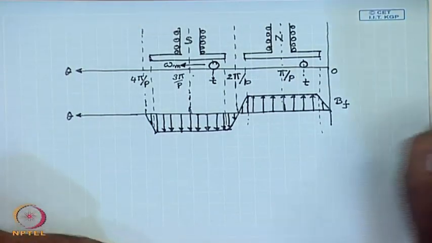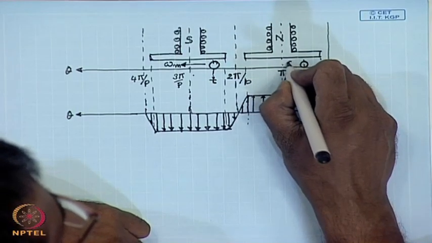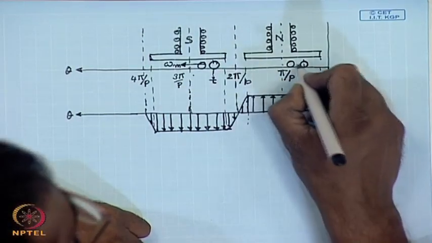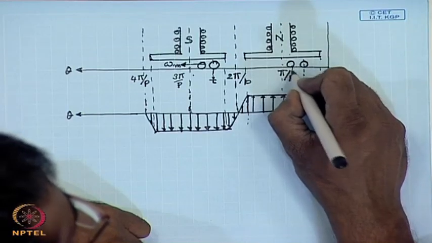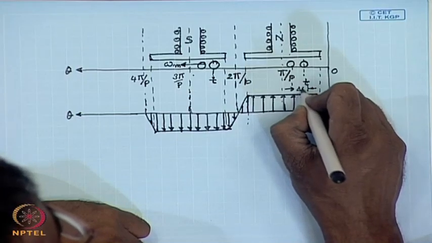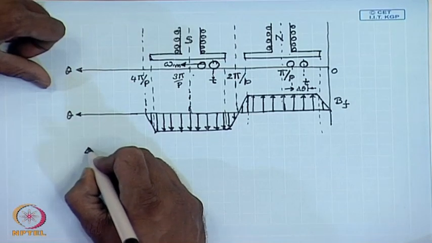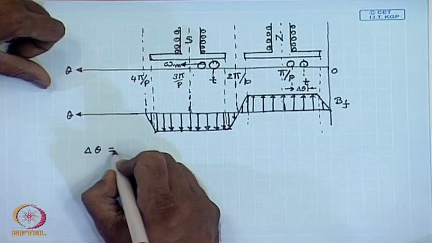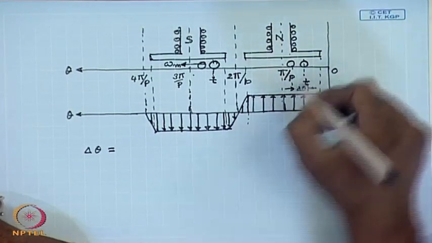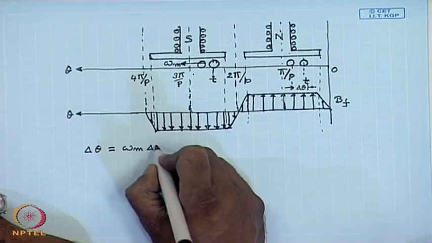Then after a short time t plus delta t, this coil will move by an angle delta theta. What will be delta theta? Delta theta equals omega m into delta t.